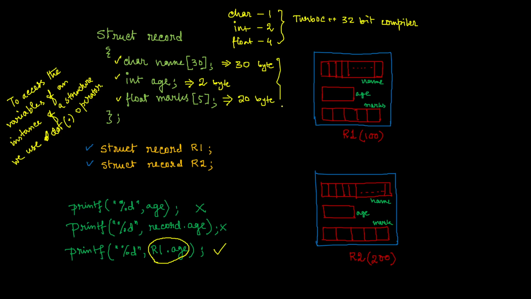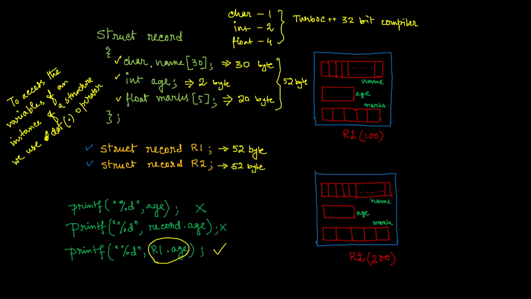So as a whole, it is 30, 50, 52 bytes. That means this R1 structure will take 52 bytes of location. Same for R2. Now this 52 bytes is not fixed. Not fixed in the sense, this 52 bytes is not fixed for this record structure.